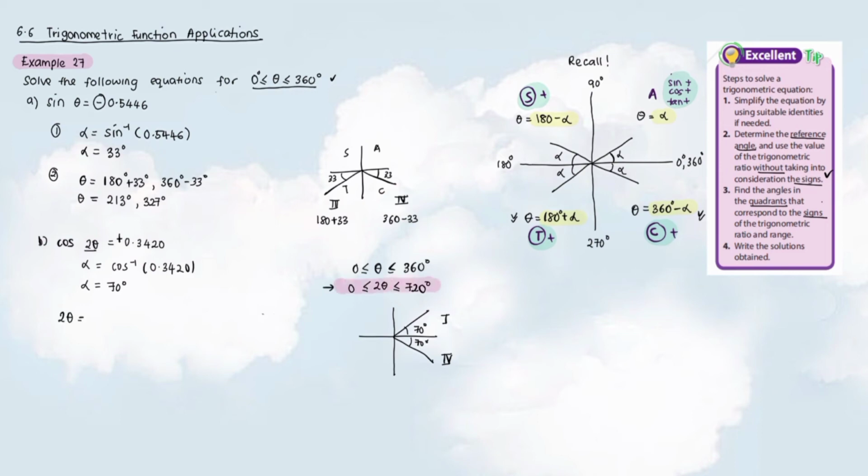So 2 theta is equal to 70 degrees, 360 minus 70, 360 plus 70.